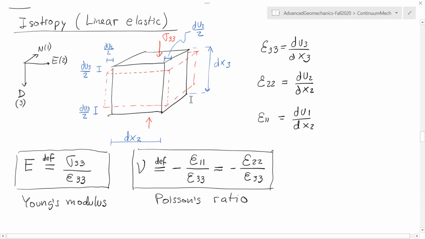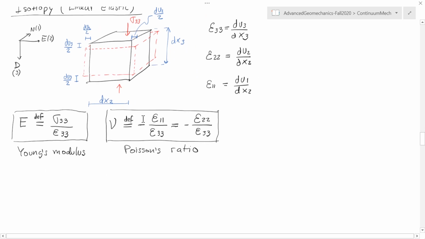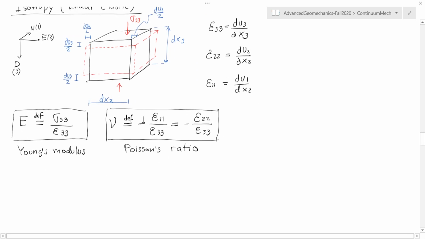And I like to keep this in the picture, so let me zoom out a little bit. Let's say that I have a stress tensor which is 0, 0, sigma 33, and no shear stresses. And this is going to result in strains.